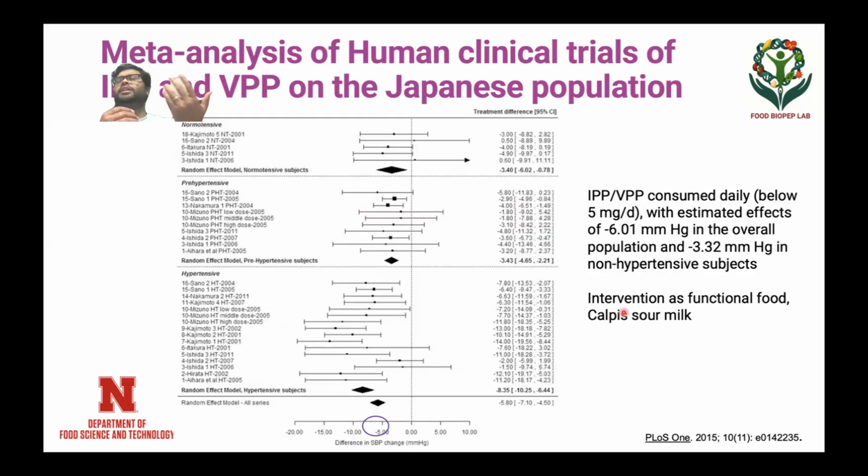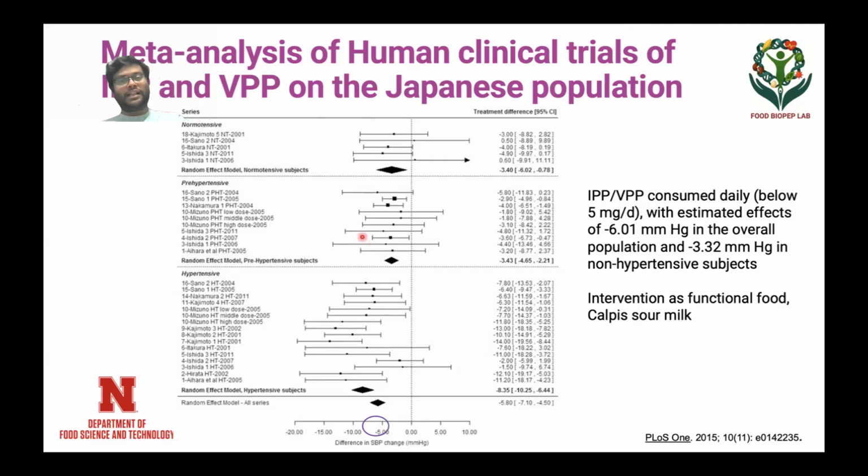And through their Japanese FOSHU system, they have a way to claim the health beneficial biological effect of particular food products, and that's why they did all of these human clinical trials with these two peptides, IPP and VPP.